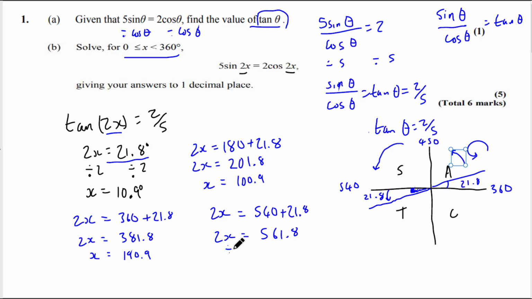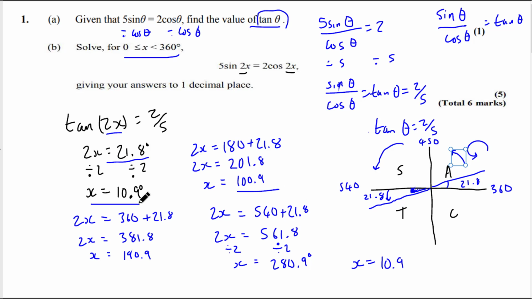Divide those by 2 to get x, and that's going to give us 280.9, and just right at the end x equals 10.9.